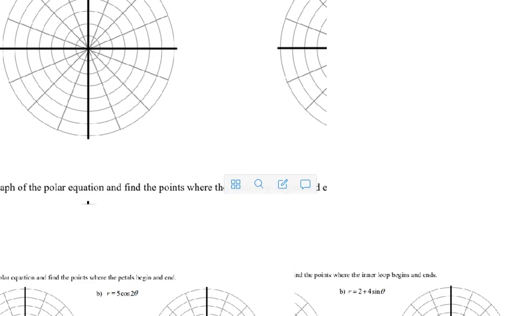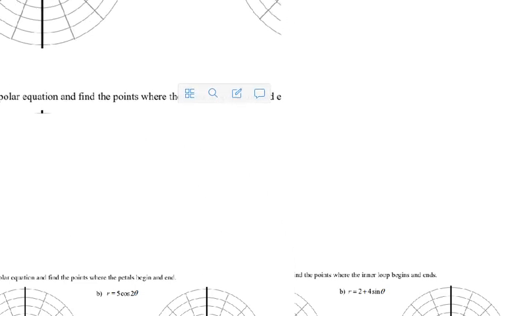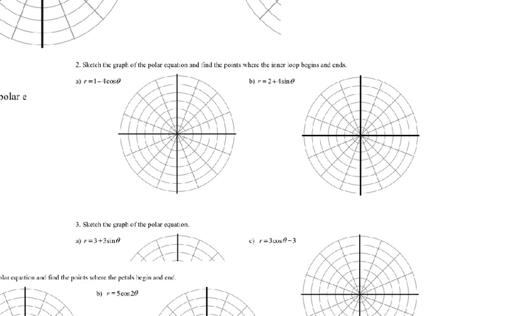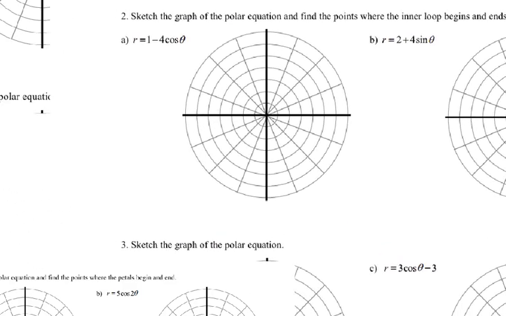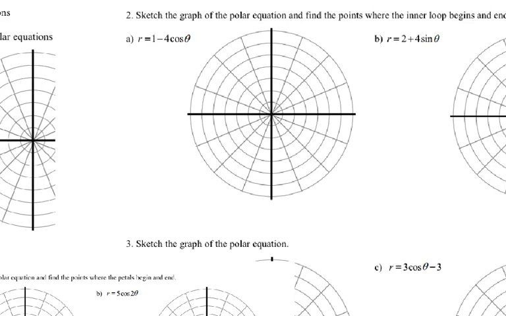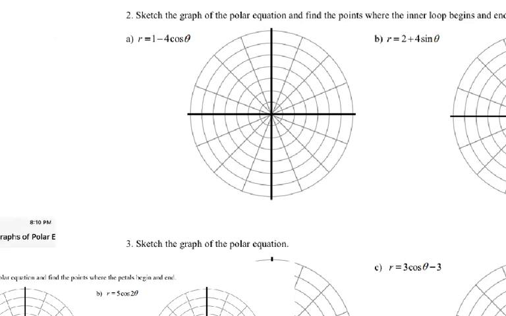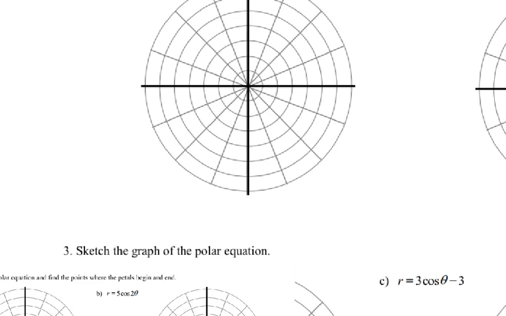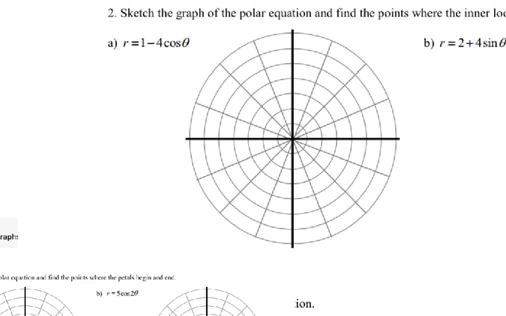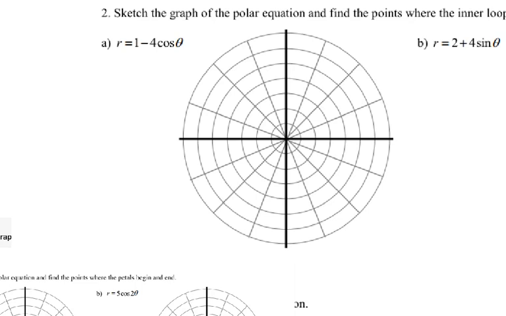Okay, so let's move that one out of the way. Let's look at these. Okay. So let's look at 1 minus 4 cosine.